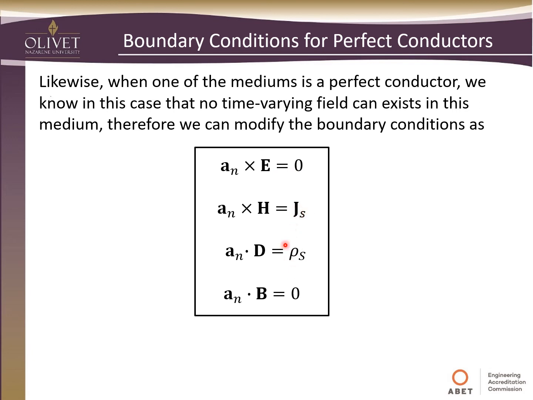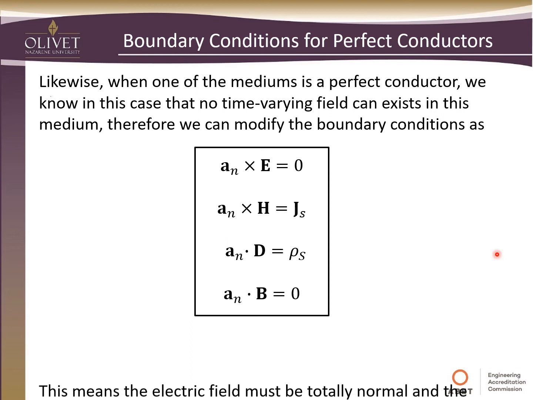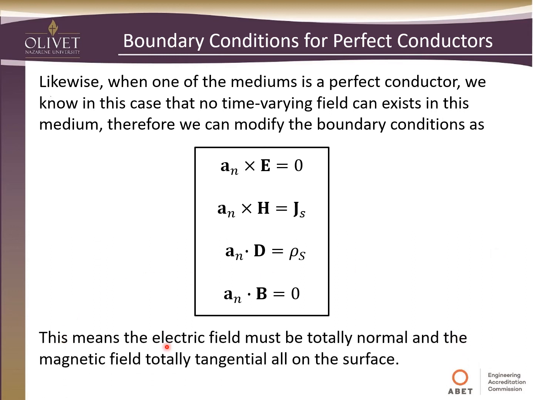This has to be equal to any current flow and any charge on the surface. So what this means then is the electric field must be totally normal and the magnetic field totally tangential on all surfaces when we're dealing with perfect conductors. So if the electric field is totally normal, that would imply that you're having current flow through these surfaces, through these boundaries.